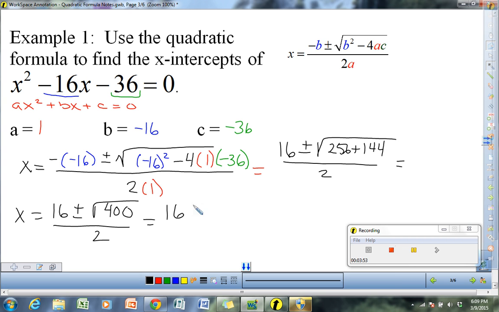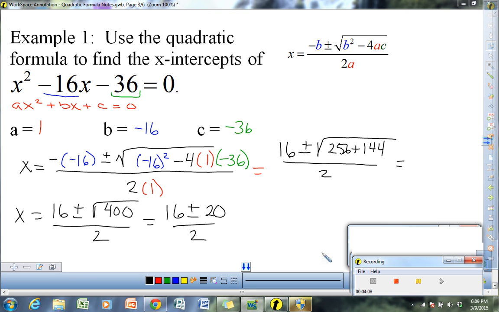Alright, now we need to see if there's a perfect square in 400. So using your calculator, put the square root of 400. If it's a whole number, we'll write it down. If not, we'll leave it as it is. Square root of 400 is 20, so we're going to write that down, divided by 2. And now we're going to have two answers.